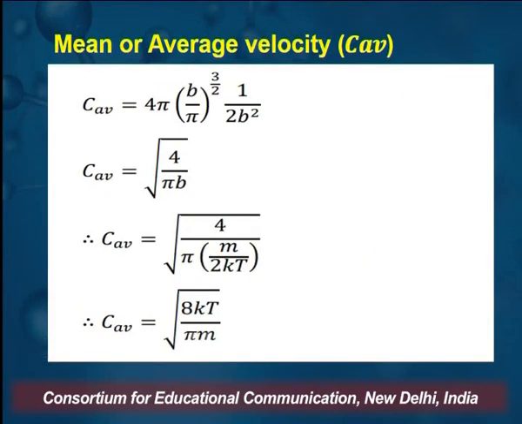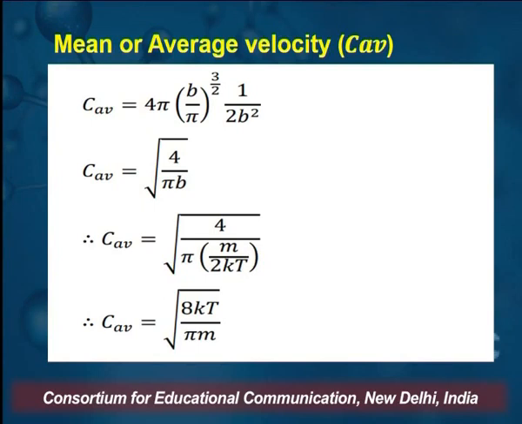So, C average becomes now 4 pi into (b by pi) raised to the power 3 by 2 into 1 by 2 b square. Simplifying this expression, we get C average is equal to root of 4 by pi b. Therefore, C average will now become, after substituting the value of b, 4 by pi, b is m by 2 kt. So, simplifying, we get C average is equal to root of 8 kt by pi m.